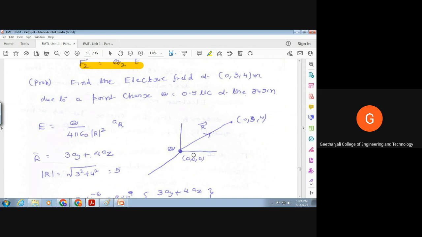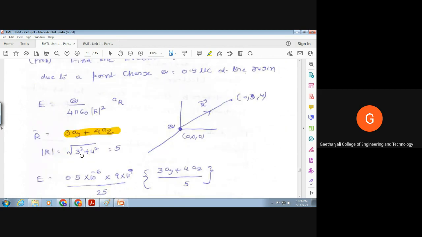Now, if you write an expression for R, it is 3 minus 0 AY, because the x coordinate is anyway 0, so 0 minus 0 AX, 3 minus 0 AY, and then 4 minus 0 AZ. So 3 AY plus 4 AZ. What is its magnitude? Root of 3 square plus 4 square, it is 5.